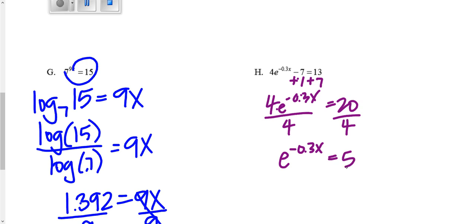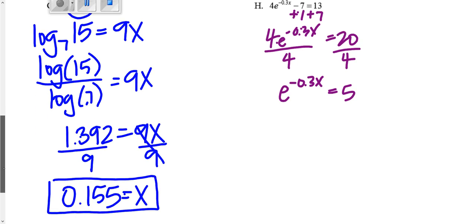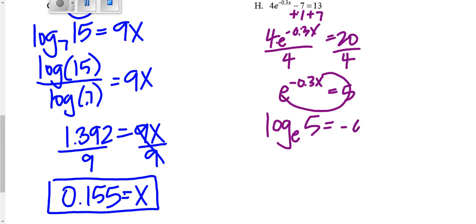Now our problem looks very similar to our 3 previous problems. And now once you have whatever's being raised to the exponent by itself, you can loop and scoop. Log base e of 5 equals negative 0.3x.